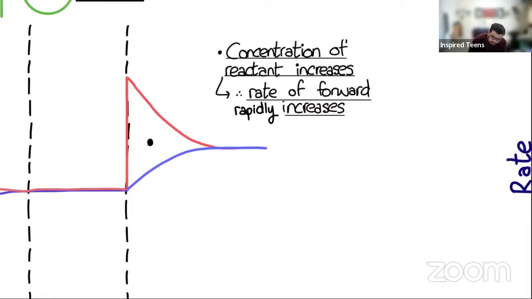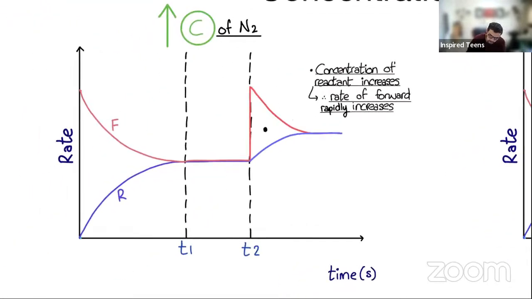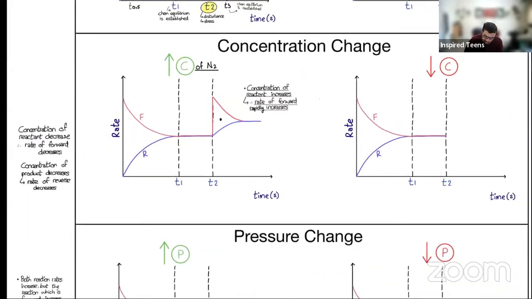Rapidly increases, and that gives us our graph. As we can see, there is a rapid increase in the rate of the forward reaction. That's because the reactant increased. Now let's have a look at it for this one.